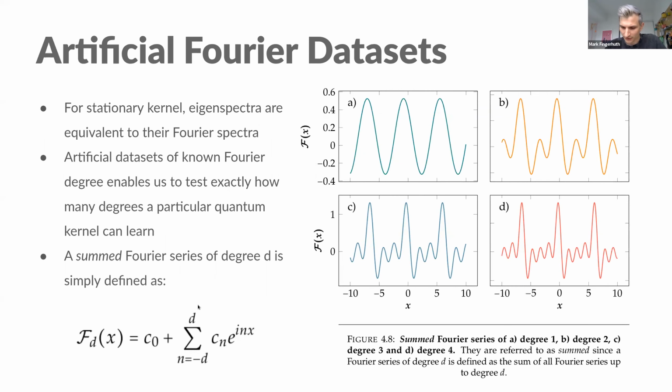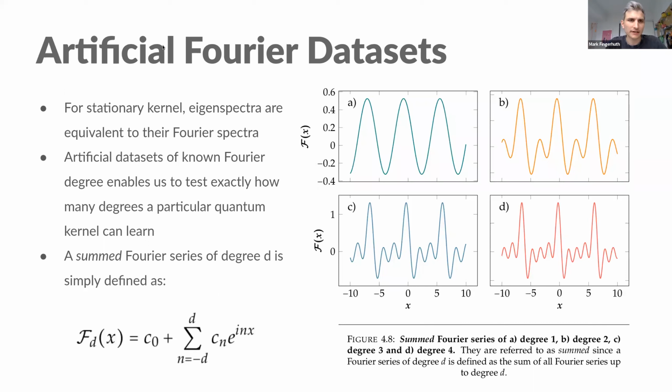Because I've been talking about the Fourier decomposition of kernels, when we thought about which types of data sets to use to run these experiments, it seemed natural to rely on Fourier data sets, simply because ideally we can immediately correlate the Fourier spectrum of a kernel with its ability to learn Fourier series of different degrees.